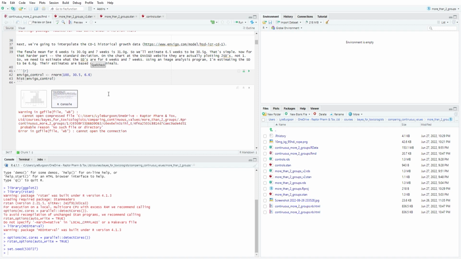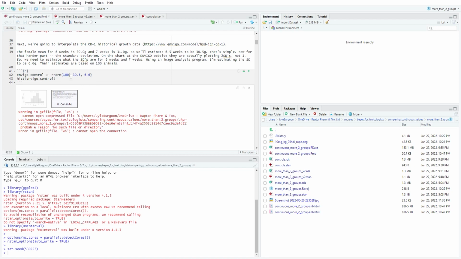I did actually use an image analysis program to grab where the means were and the two SDs, because they're reporting two standard deviations. I divided that by 2 to get one standard deviation. And so this is basically what we have.